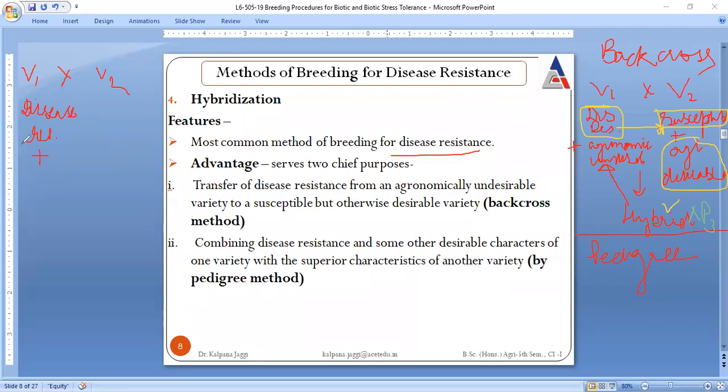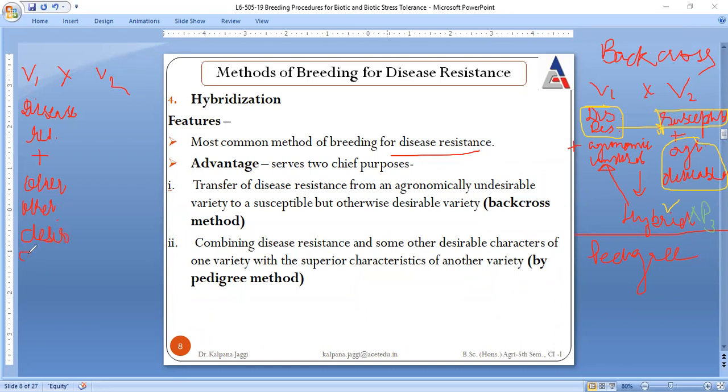So the disease resistant variety is to be selected, and this in turn is now combined with another variety that is giving some other desirable character.